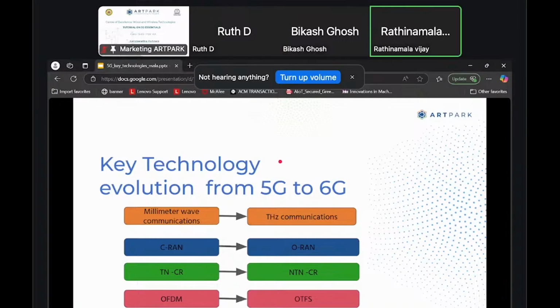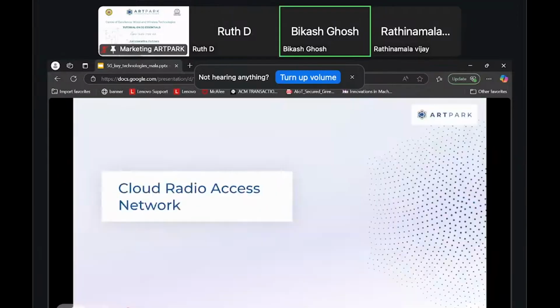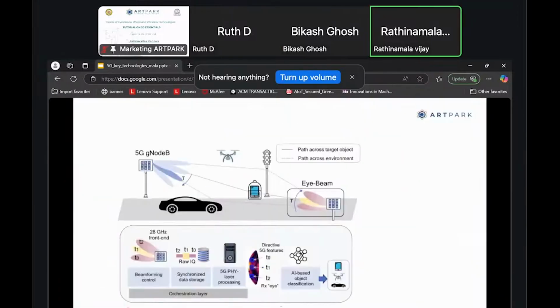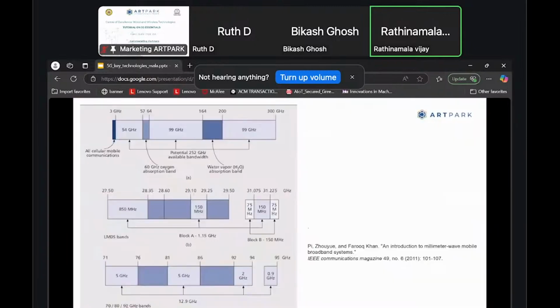As we saw in our earlier slides, 60 gigahertz has the oxygen absorption band. Oxygen molecules resonate, and because of this, the waves get absorbed.